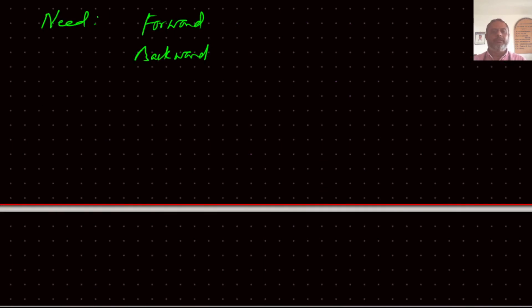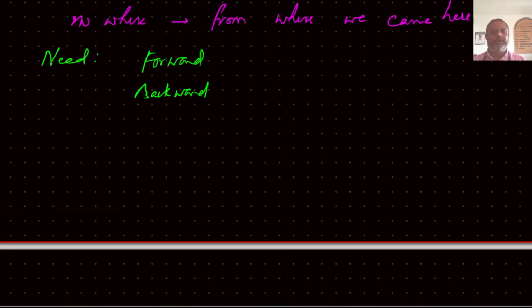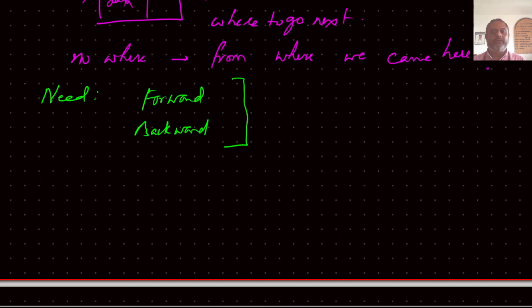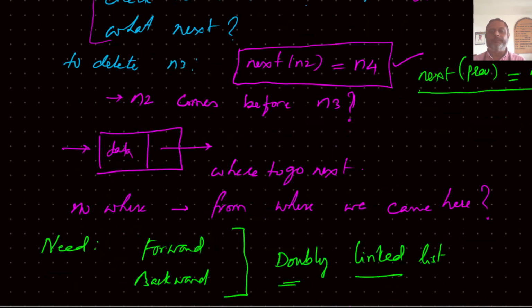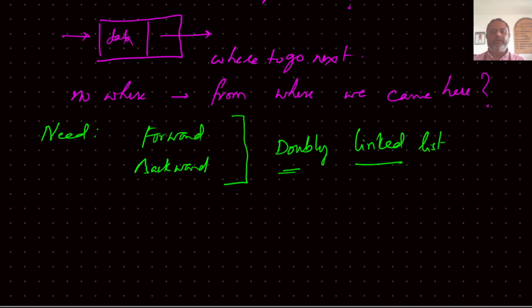So we may wish to have both forward as well as backward movement, and that we can solve using a doubly linked list. So there we come to the next data structure we wanted, and that's the doubly linked list. This is going to solve many of our problems, including this particular problem. What a doubly linked list is, how it is implemented, and how it is going to be useful in our activities is what we need to look at in our next session. So keep watching. Thank you.